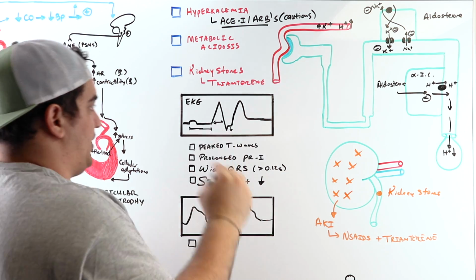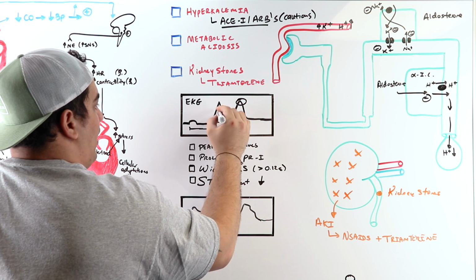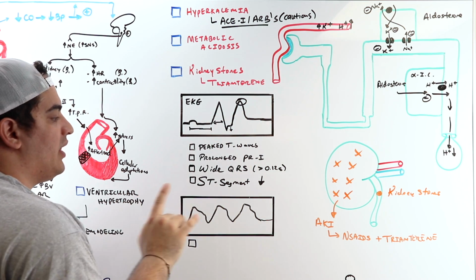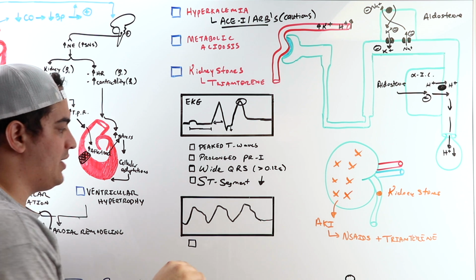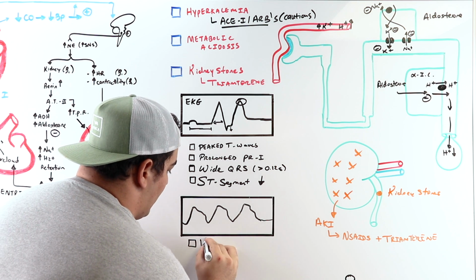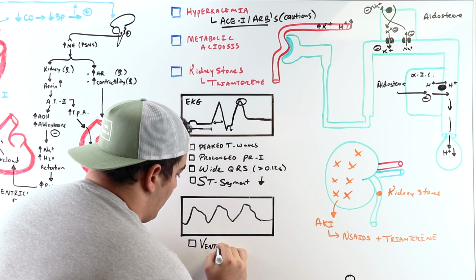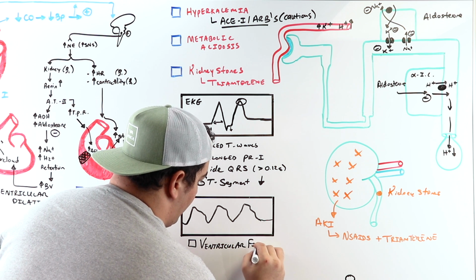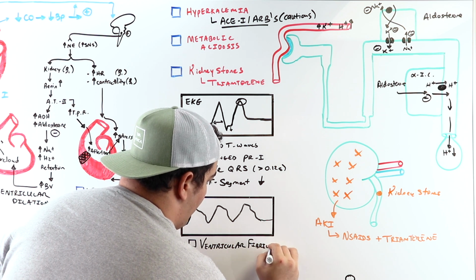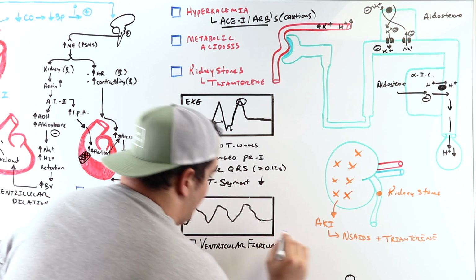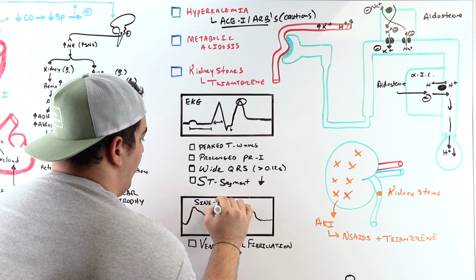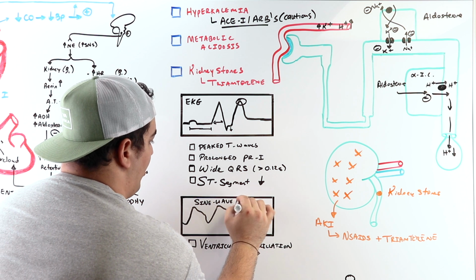The most dangerous: again, we've got peaked T waves, the wide QRS complex, prolonged PR interval, ST segment depression, but the most dangerous and one of the scariest things is that you can see signs of ventricular fibrillation. Okay? And usually it starts off presenting in what's called a sine wave pattern on the EKG.